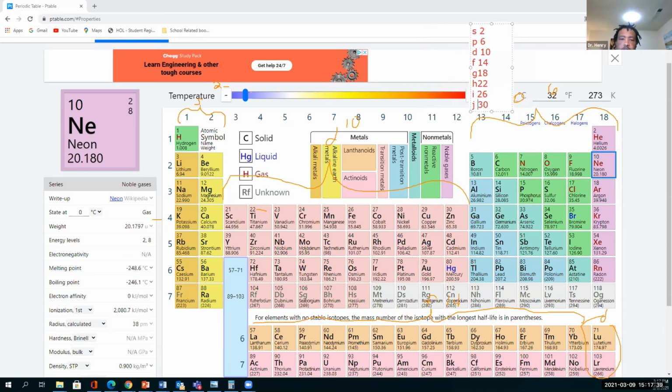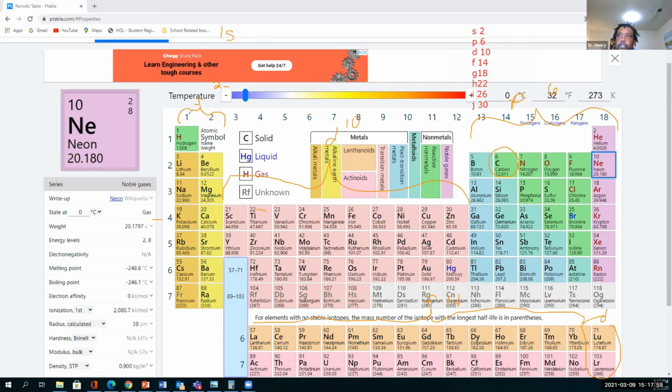Okay, so let's start talking about electron configuration. If we were talking about, let's say, carbon, and we wanted to write the electron configuration, we would always start with the very first electron, which for carbon would be in the 1s.